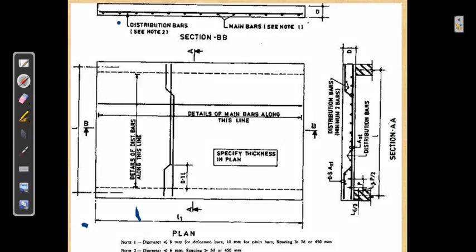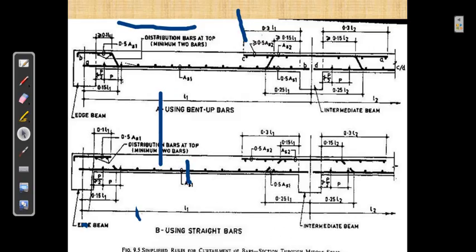This is the distribution bars and this one will be the main bars. See, this is the distribution bars. The curtailment will be 0.1 L. This is the bend-up bars.